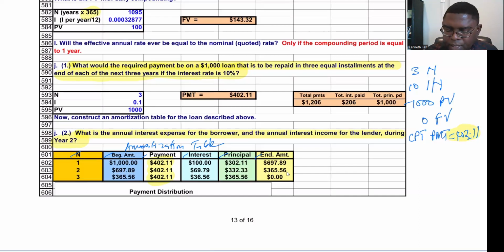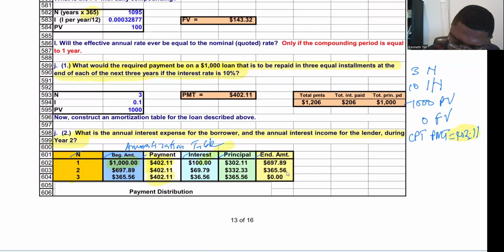It will pay off both the interest and the principal periodically, so that at the end of the life of the loan, we have paid everything. So on this table, we can see, it's a 3 years loan, so it needs to be paid over 3 years. The beginning amount is 1,000. So what we do is that you pay the amount that we calculated, which is 402.11. So when we pay this, how much of this goes to interest? The amount that goes to interest is really based on the interest rate. So we are told the interest rate is 10%.